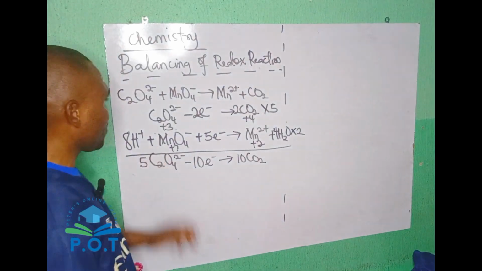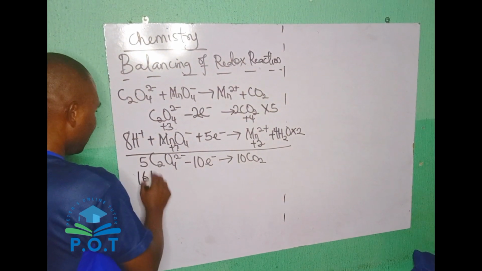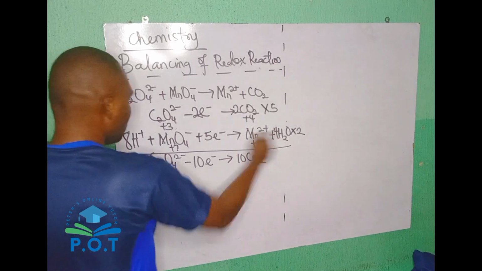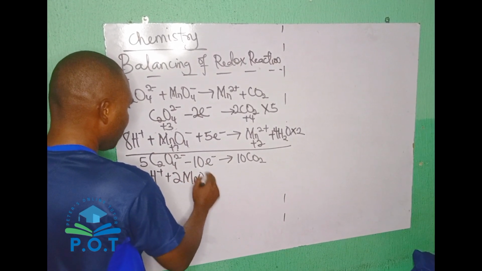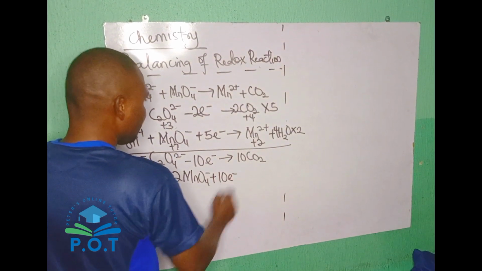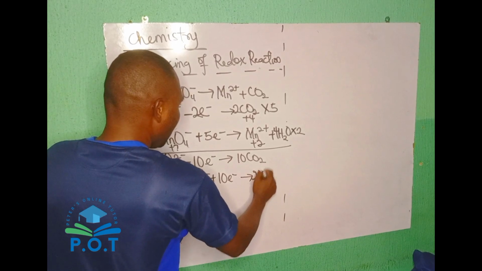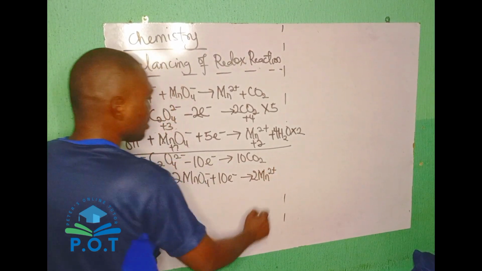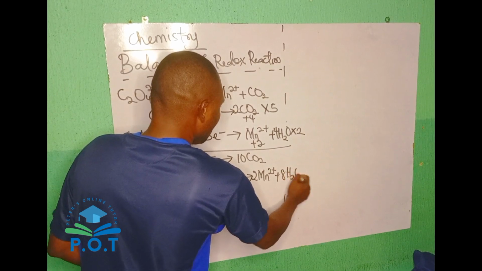So let's come here. 2 times 8 is 16. That's 16 H plus, then 2 times 1 is 2 MnO4 minus, then 2 times 5 is 10e minus, then 2 times 1 is 2 Mn2 plus, then 2 times 4 is 8H2O.